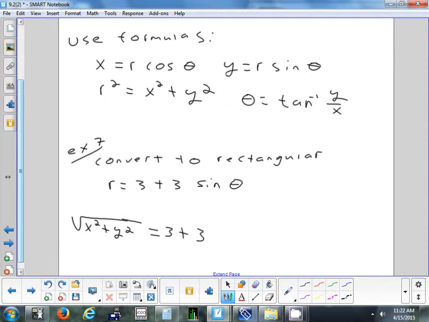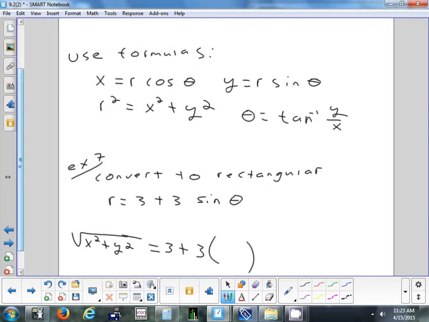So that's r. Now sine theta. What is sine theta equal to? Let's see, we'd have to rearrange another formula a little bit, but we could get sine theta by itself.